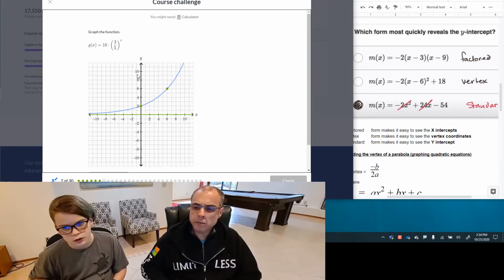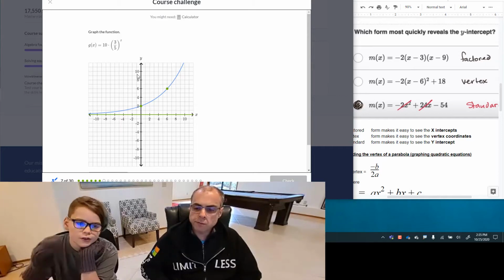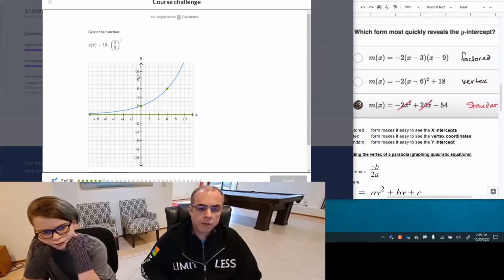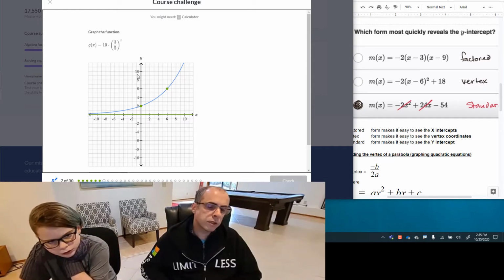Is it technically in standard form? Well, no, it's not in standard form. For this one, just plug in a couple of values and plot a couple of points.